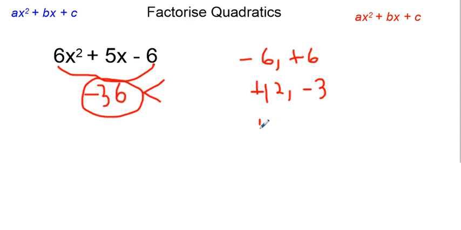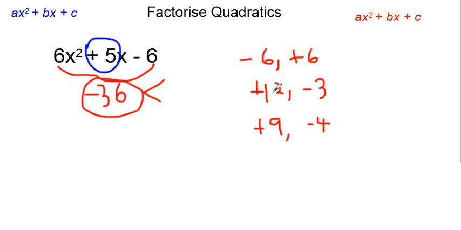We can have plus 9 and minus 4. Now we need to check which of these will satisfy our option. So minus 6 times 6 will give us minus 36. But minus 6 plus 6 will give us 0, and we need plus 5. So that's not a good option. We need plus 5. We need our numbers to add up to this.